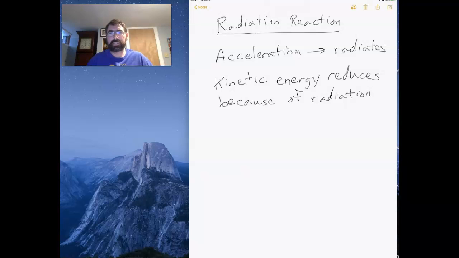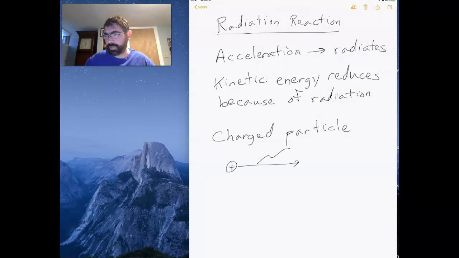Not only that, but what you should see is if you had two particles, a charged particle which is then accelerating and therefore is radiating, and a neutral particle, then the neutral technically should not radiate because it has no charge.